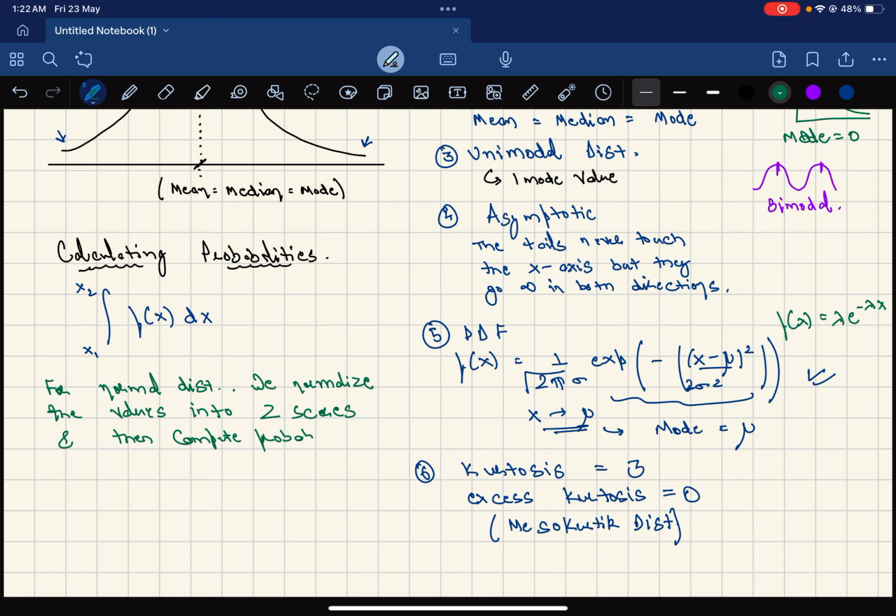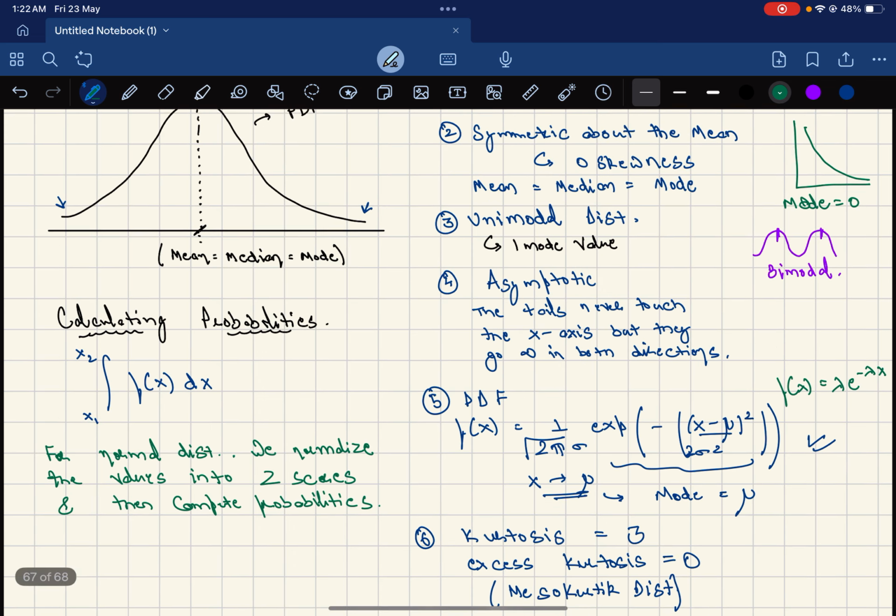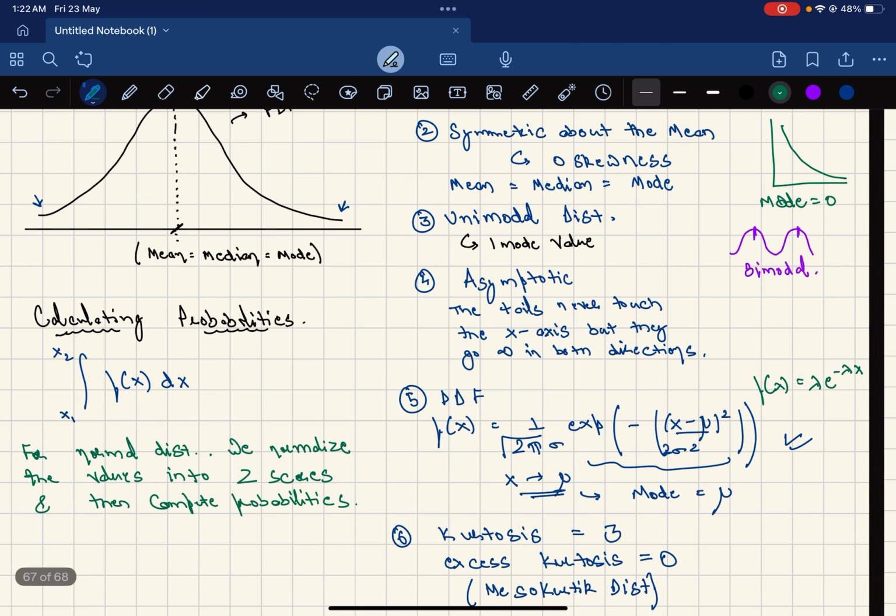To compute the probabilities between any two x values for a normal distribution, we will have to first convert them to their z-scores, which we'll now look into in more detail.